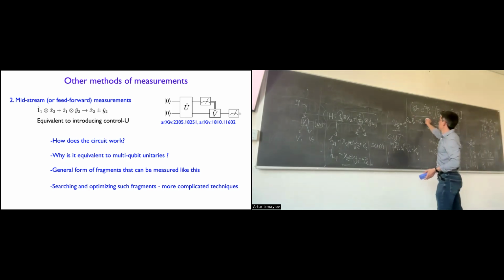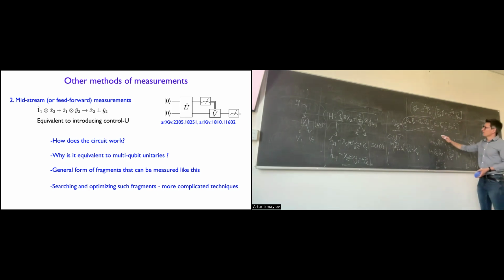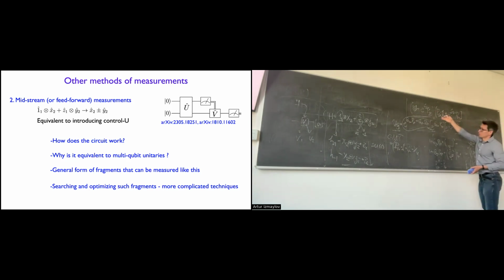Effectively, this type of unitaries, they can be split into two terms. One is controlled based on the, we do something if the first qubit is collapsed to +1, and you don't do anything if the opposite collapse happens.